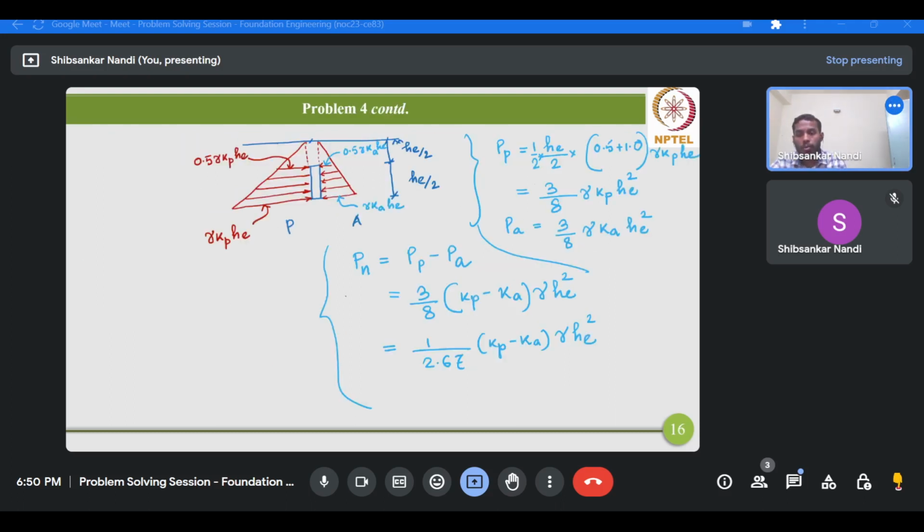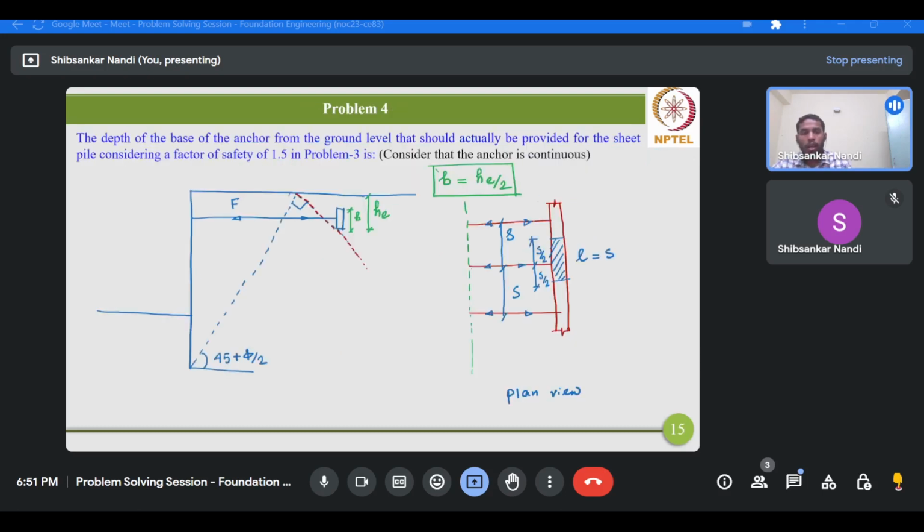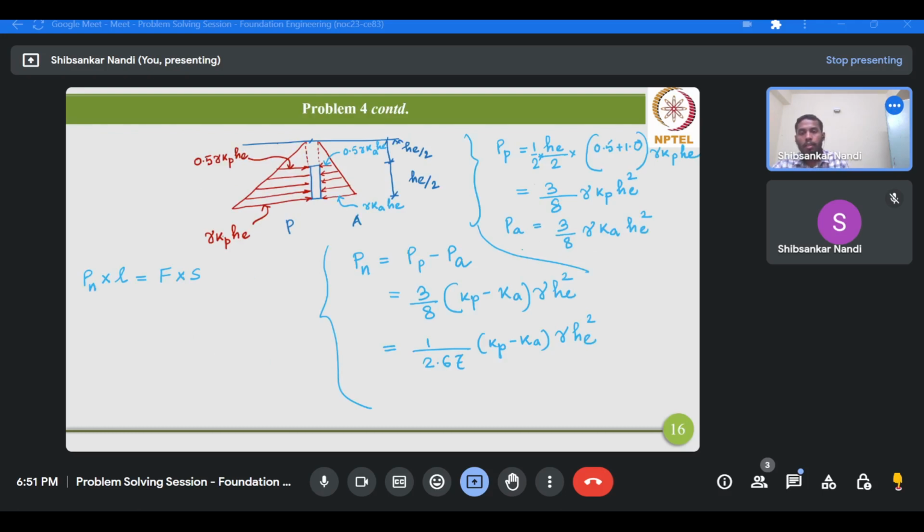Okay, so this net force, Pn multiplied by L, so this is the net force, and that you have to equate with F, this is the anchor force, multiplied by S, that is the total anchor force, so F multiplied by S, and we'll consider some factor of safety, okay, to be on the conservative side. So we are increasing the anchor force.